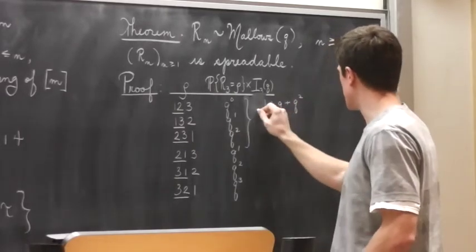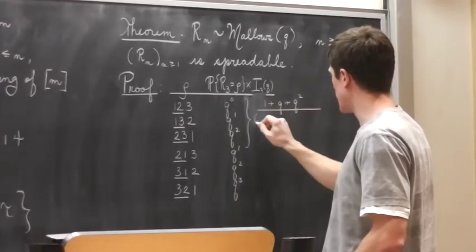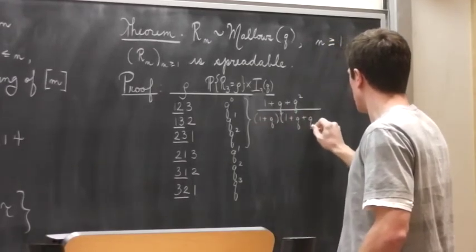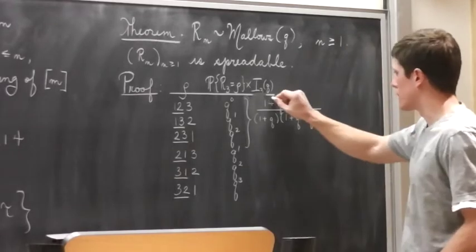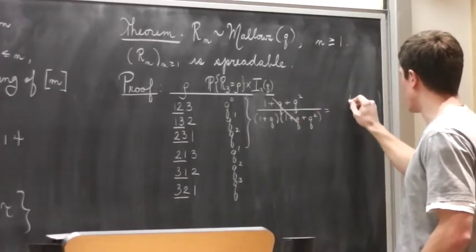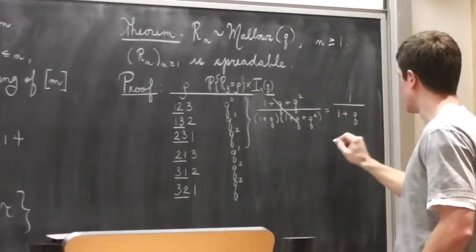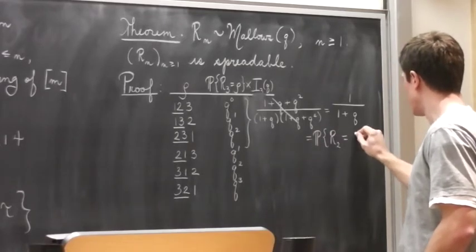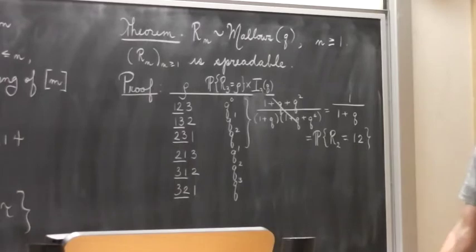The denominator is the same in every case, and so we get cancellation here. This is equal to 1 over 1 plus q, which is equal to the probability that a ranking of size 2 is this, because there's no inversions. And the same would be true if we did it down here.